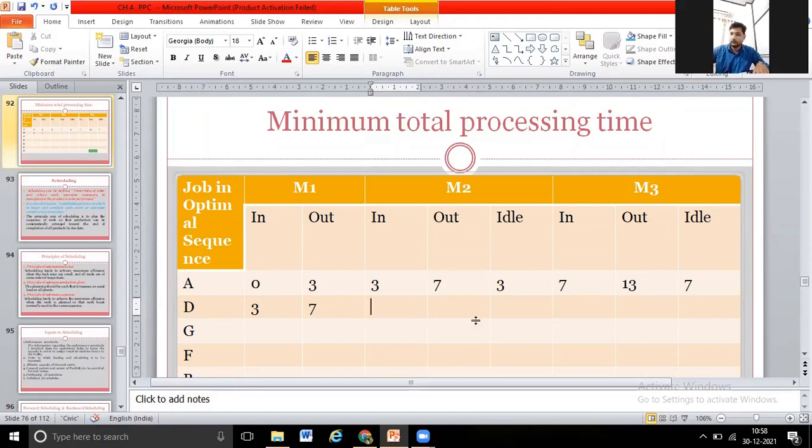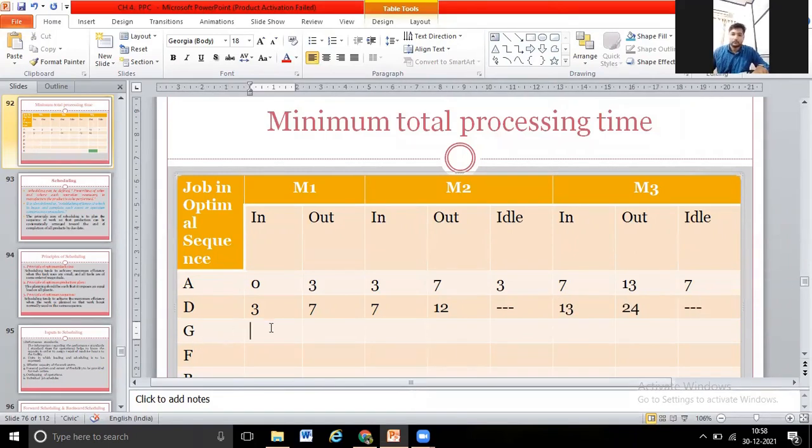Then in time will be 7 hour, 12 hour will be the out time. Then 13 hour will be the in time, 24 hour will be the out time, and idle time will be 0.